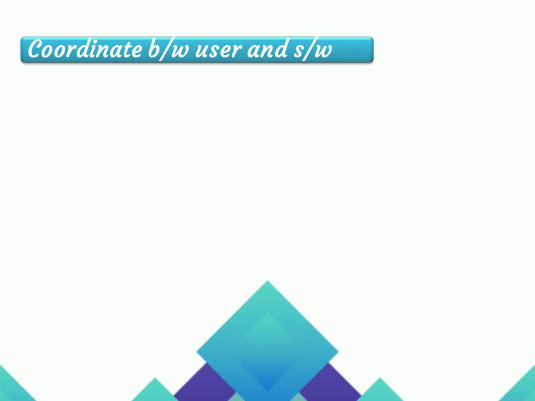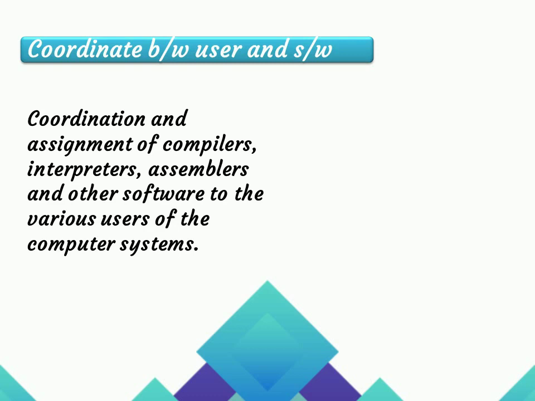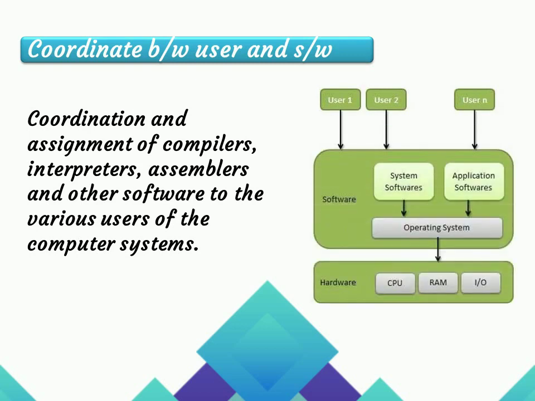So next we'll move on to coordination between user and software. This is the coordination and assignment of compiler, interpreter, assembler and other software to the various users of the computer system. So how is the OS providing coordination between the software and the user? Here is a picture.